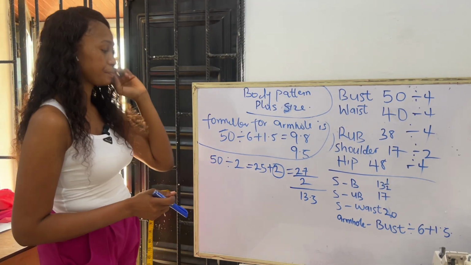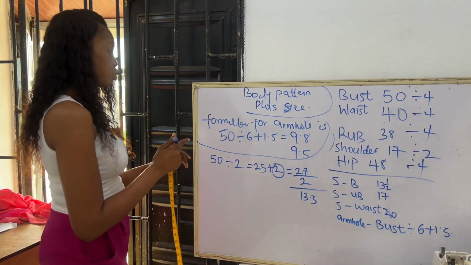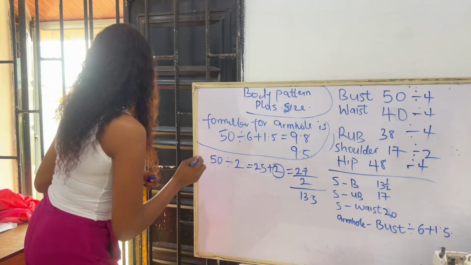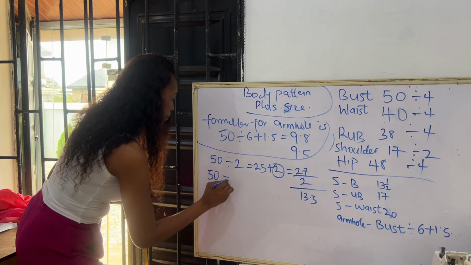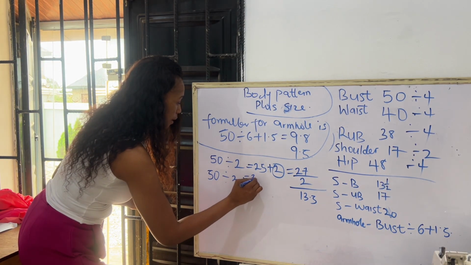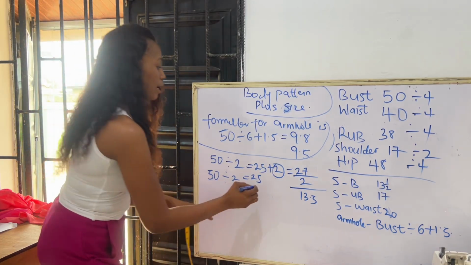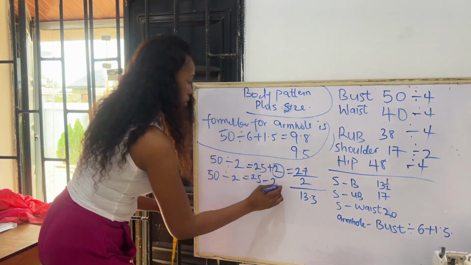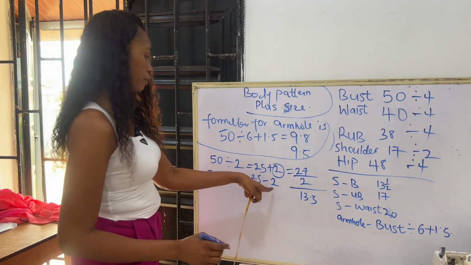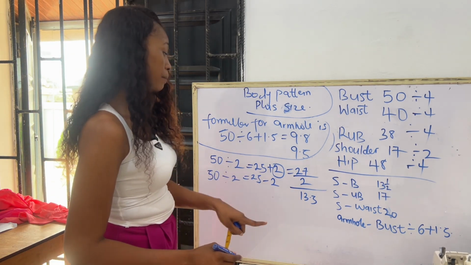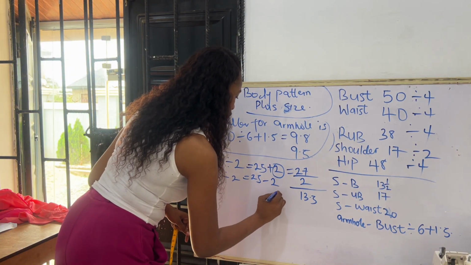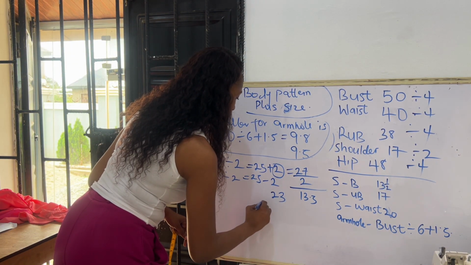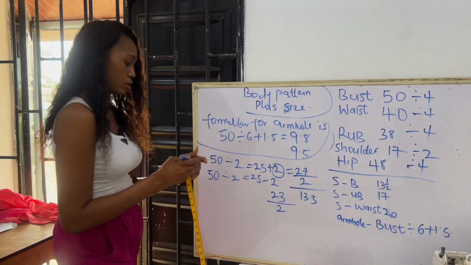So right now, for the back part, you do 50 divided by 2, which gives you 25. Here you now deduct minus 2. 25 minus 2 will give you 23, and 23 divided by 2.